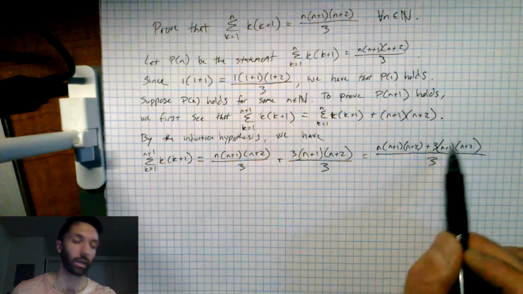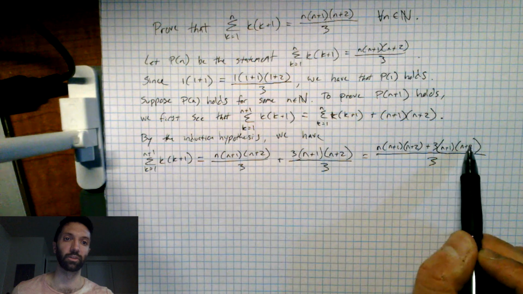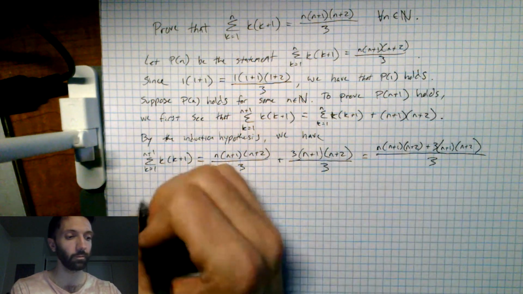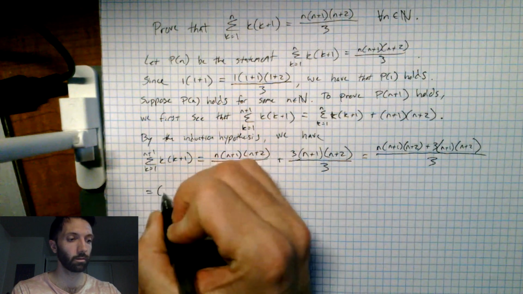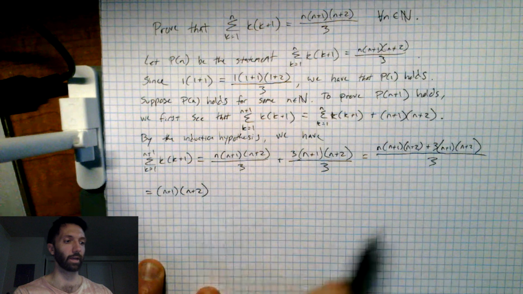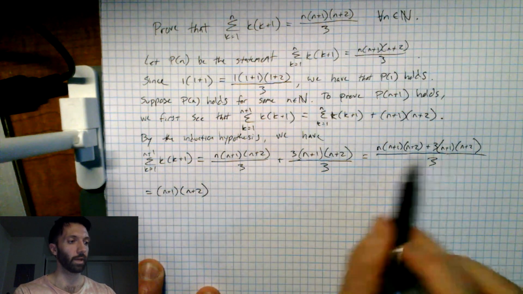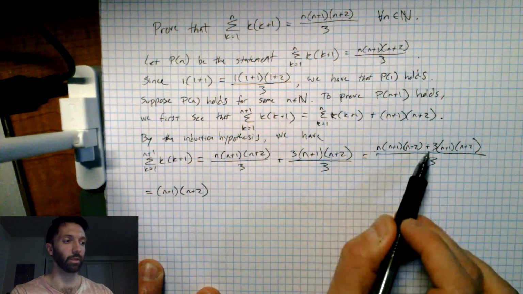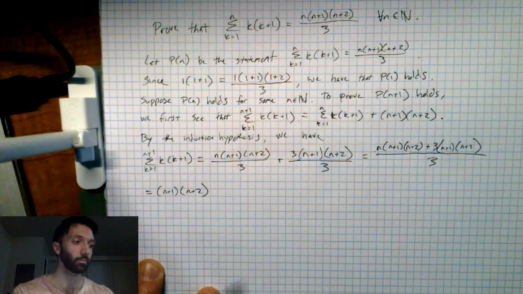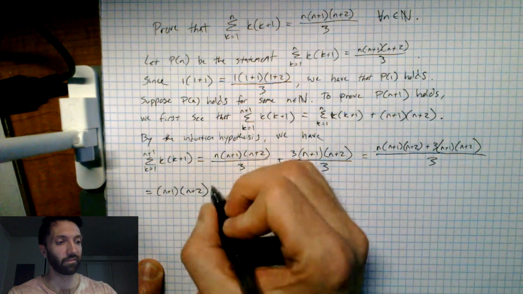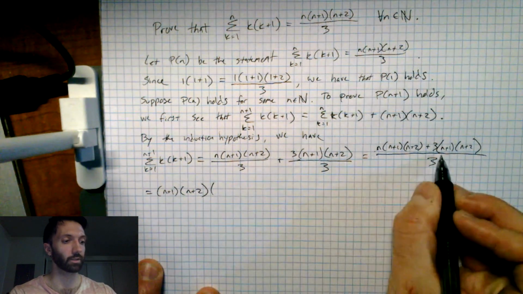And I also have an n plus 1 and an n plus 2 as a factor over here. So I can factor those out. Okay, so that's me factoring out the n plus 1 times n plus 2. And then that's going to leave me, when I do that factoring, the distributive property tells me that I'll be left with a factor of n plus 3.